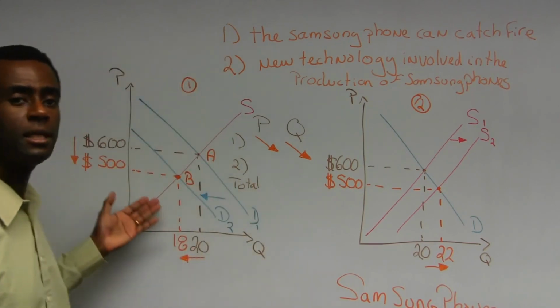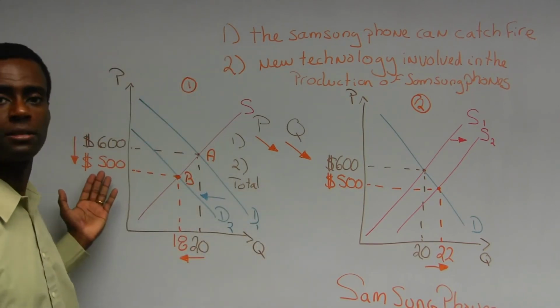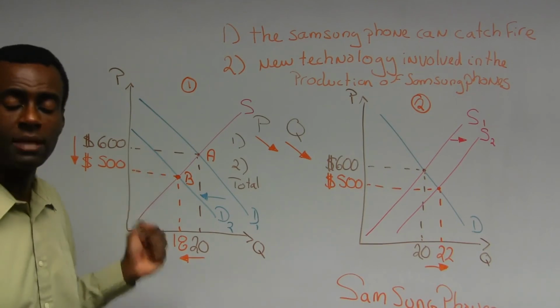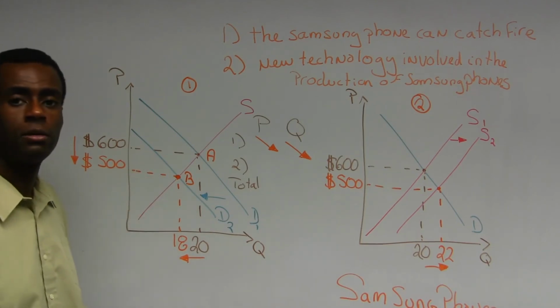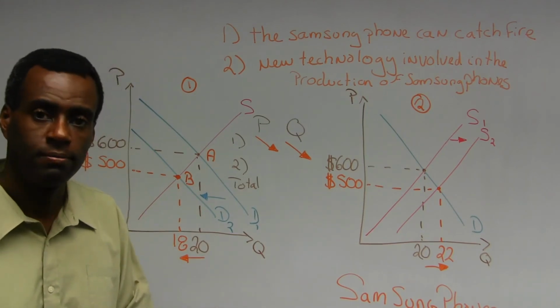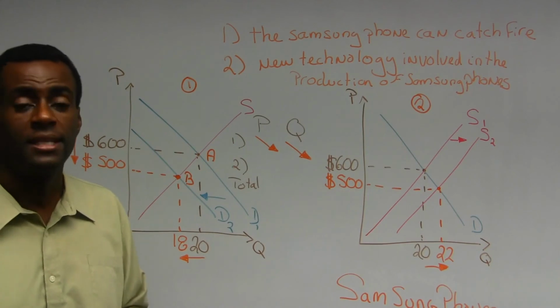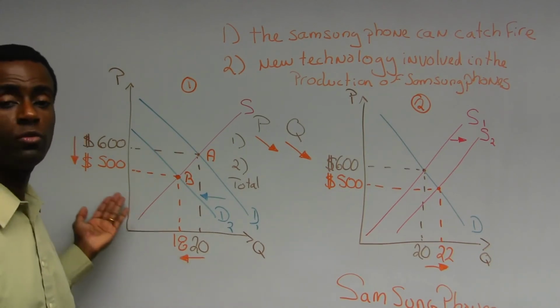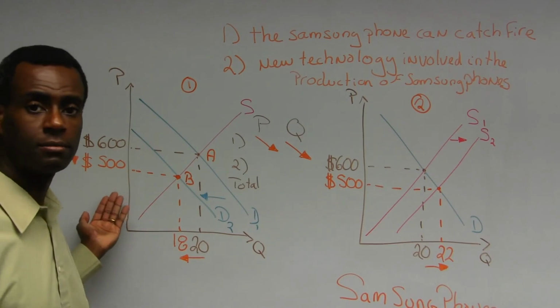What we had here also made perfect sense. What we had was that because the Samsung caught fire and people were afraid to own one, they didn't want to buy as many phones, which obviously would have caused the prices to decrease.